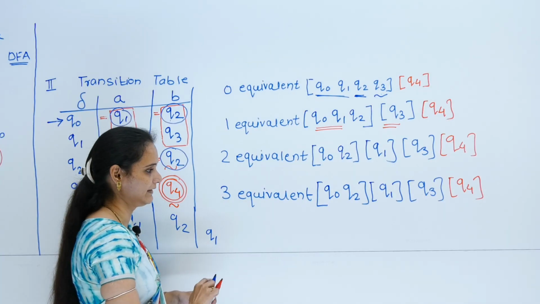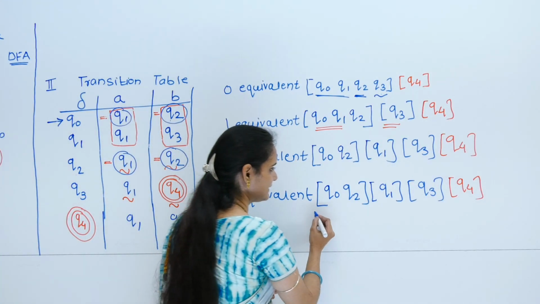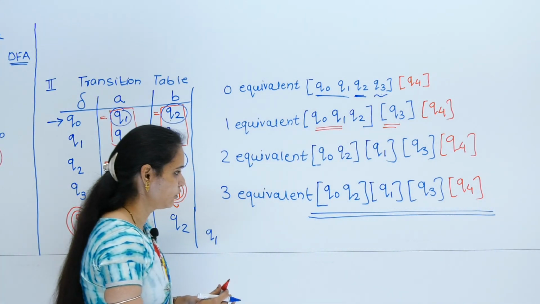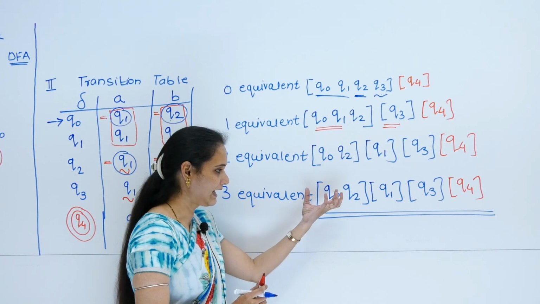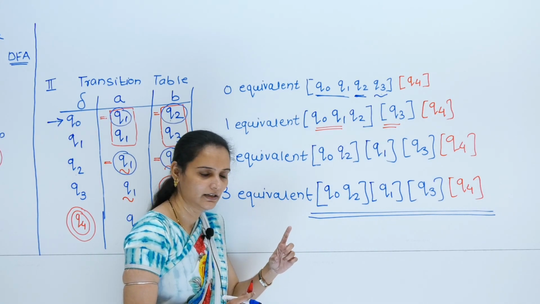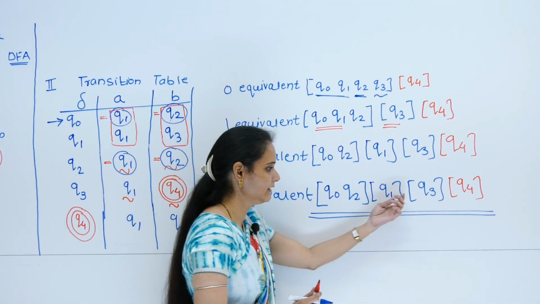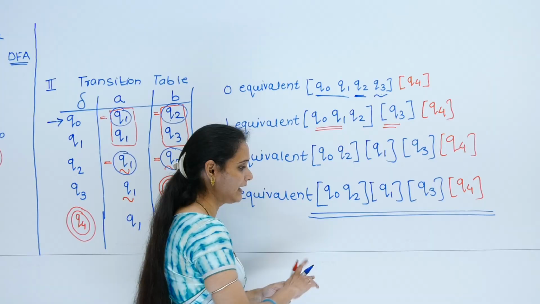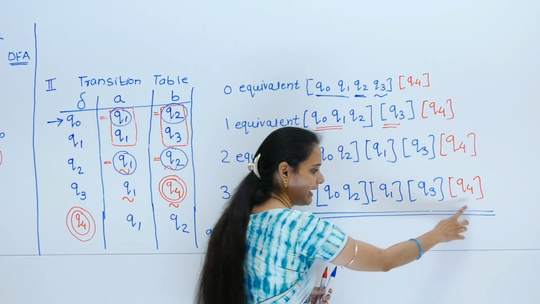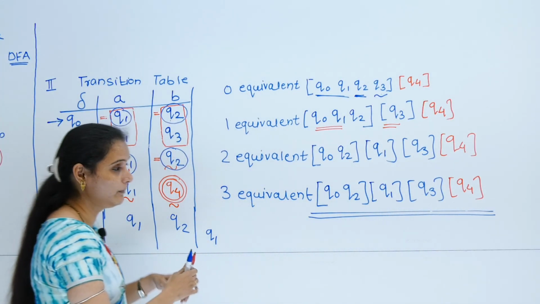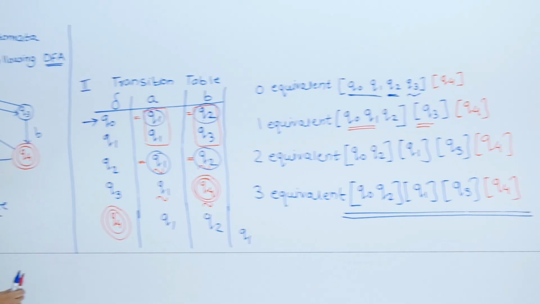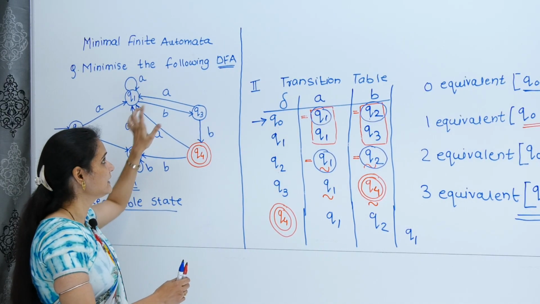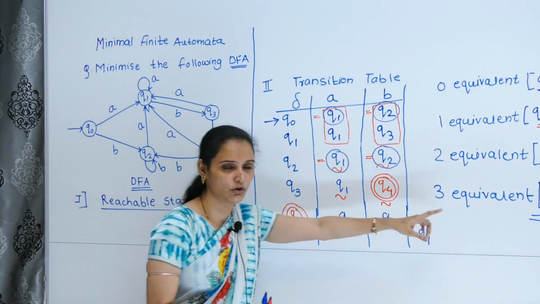So these are the final states we have obtained: Q2 and Q0 combined as one state, Q1 as another state, Q3 as the next state, and Q4 as our acceptance state. That is 1, 2, 3 and 4 states. The given DFA has 5 states, so we have minimized the DFA from 5 states to 4 states.